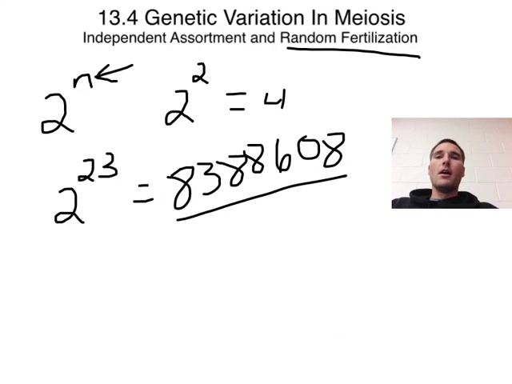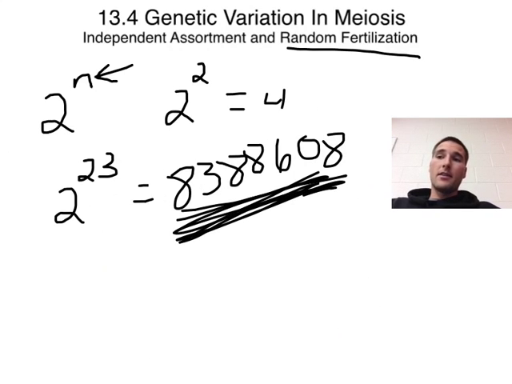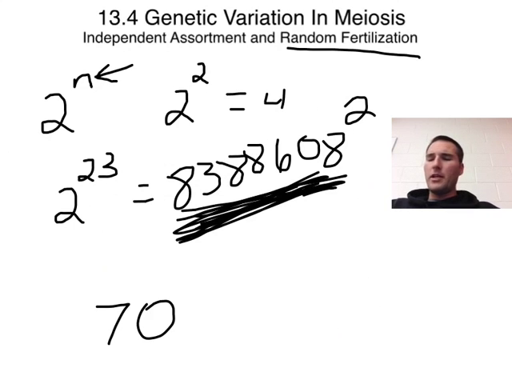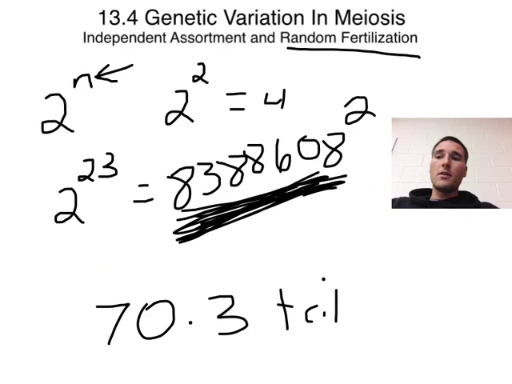Okay, 1 out of that. The chances of you being the egg that got fertilized is 1 out of this many. Okay, if I want to figure out what the chances of this and this happening again being, I take this and multiply it twice. So I square this basically. Okay, that times itself, and that hits us up at our 70.3 trillion. Actually, it rounds up to 70.4 trillion different possibilities of egg and sperm.